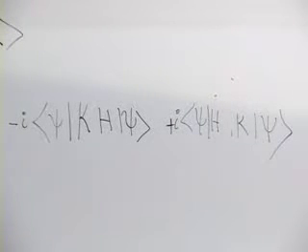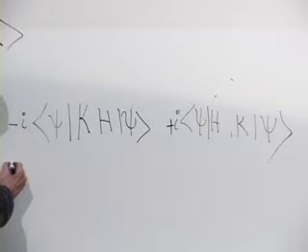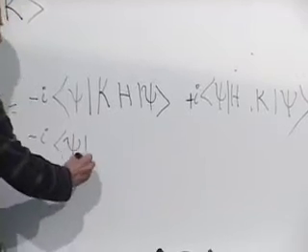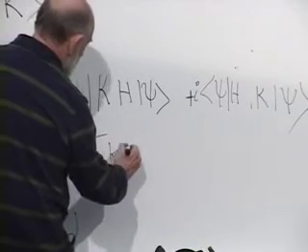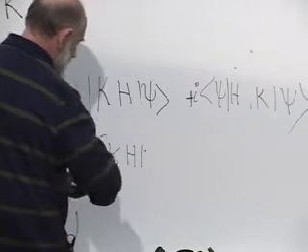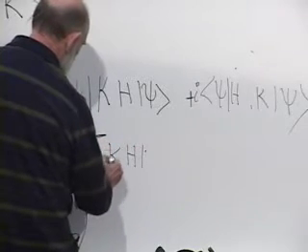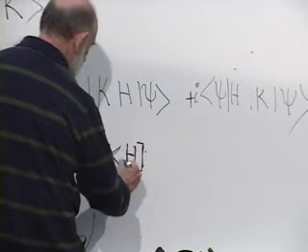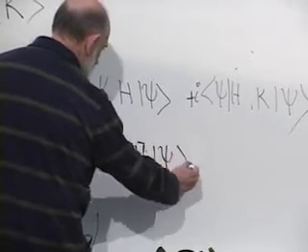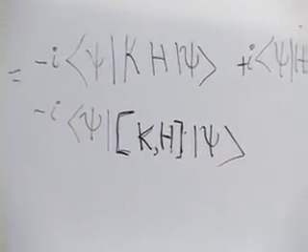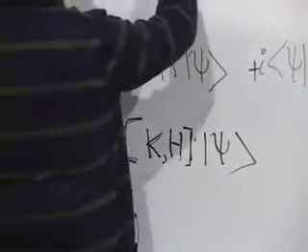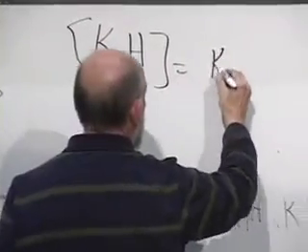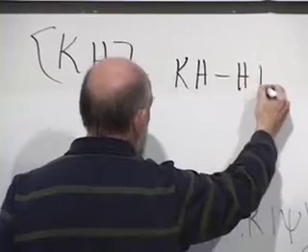So what we actually have here is minus i times the expectation value of the commutator of k with h. What is the commutator? The commutator of k with h, this is the definition, is just kh minus hk.